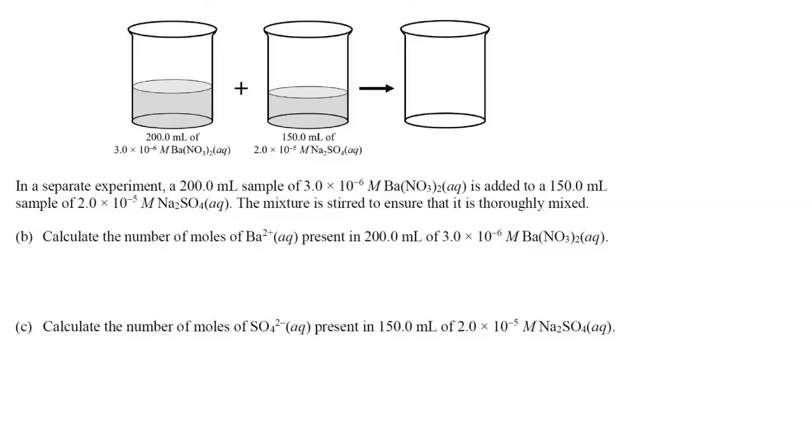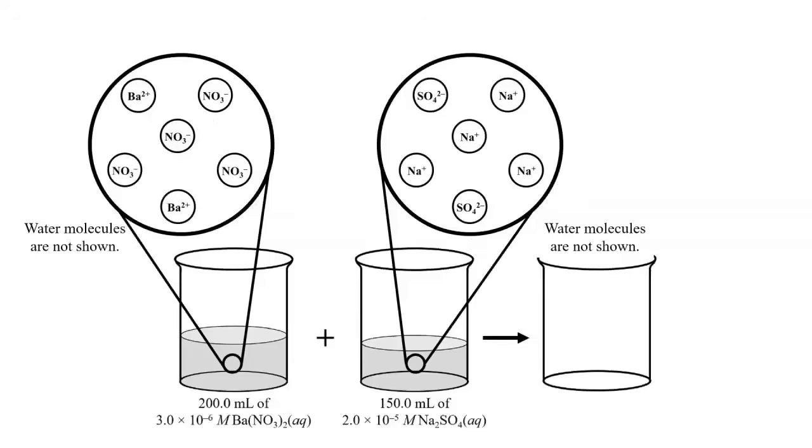So parts B and C are to calculate the number of moles. Part B, number of moles of barium ions in that first beaker on the left, and then part C, number of moles of sulfate ions in that beaker in the middle. So before we do these mole calculations in parts B and C, just another reminder about what's going on. Here's a particle level view of the solutions in each beaker. So in the beaker on the left, that's barium nitrate.